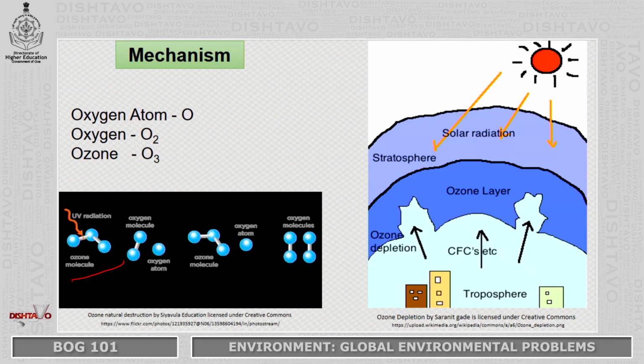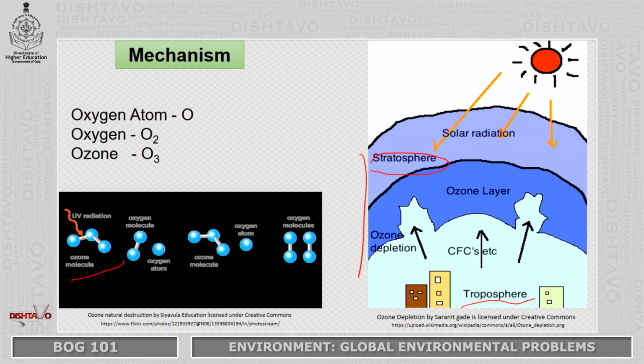Okay, now we try to understand a simple mechanism, a natural mechanism that is taking place in the atmosphere. We can see the layers over here. Only two layers are mentioned: troposphere, just next to the earth, and the stratosphere. Now the ozone layer is spread in the stratosphere.